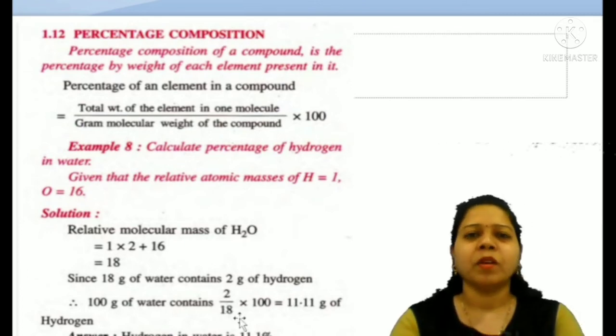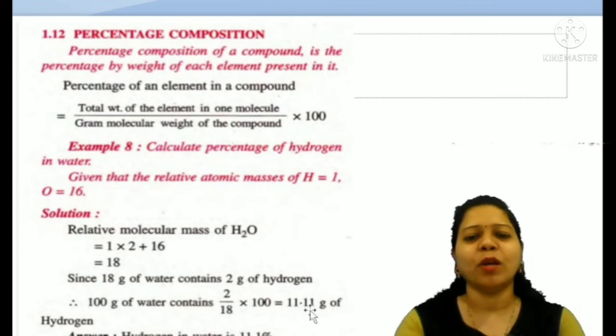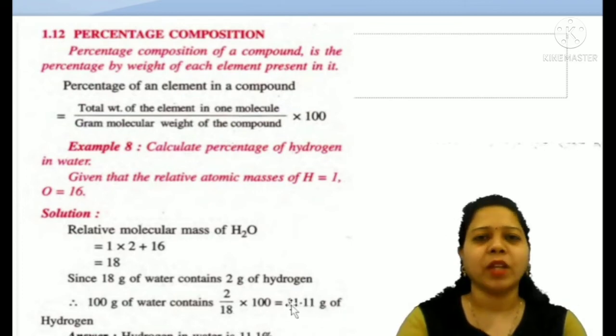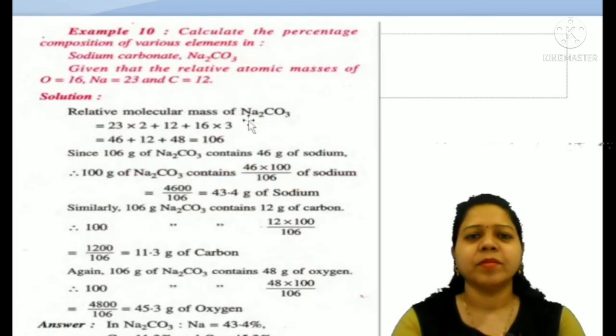And 2 upon 18 into 100 is equal to 11.11 gram of hydrogen. Means in water, 11.11 gram of hydrogen is present. Answer: hydrogen in water is 11.1%. Whenever in your exam they ask a question like that, you should write the answer at the end like this.